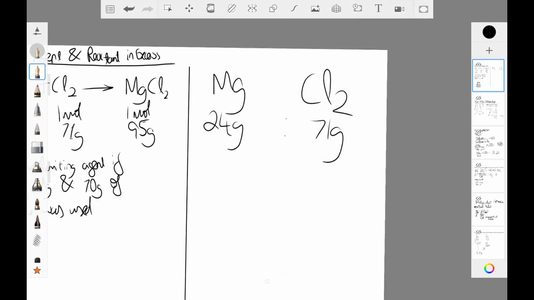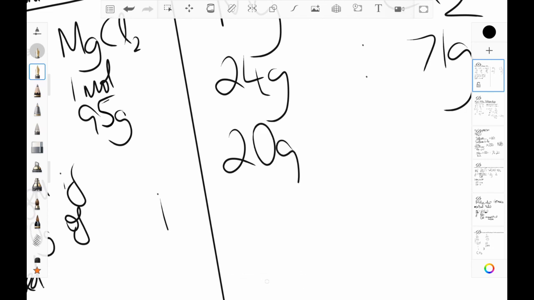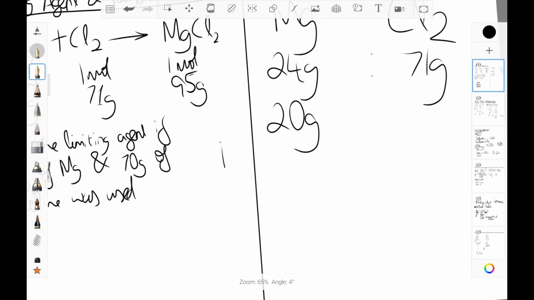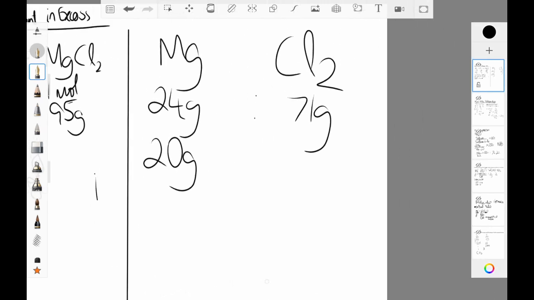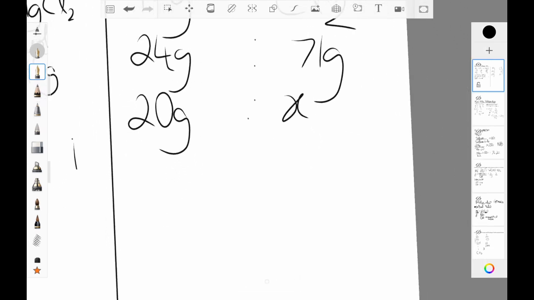And they mentioned that 20 grams of magnesium was used with 70 grams of chlorine. So let's take 20 grams here and check how much chlorine would be needed to react with it to give a perfect amount of magnesium chloride.